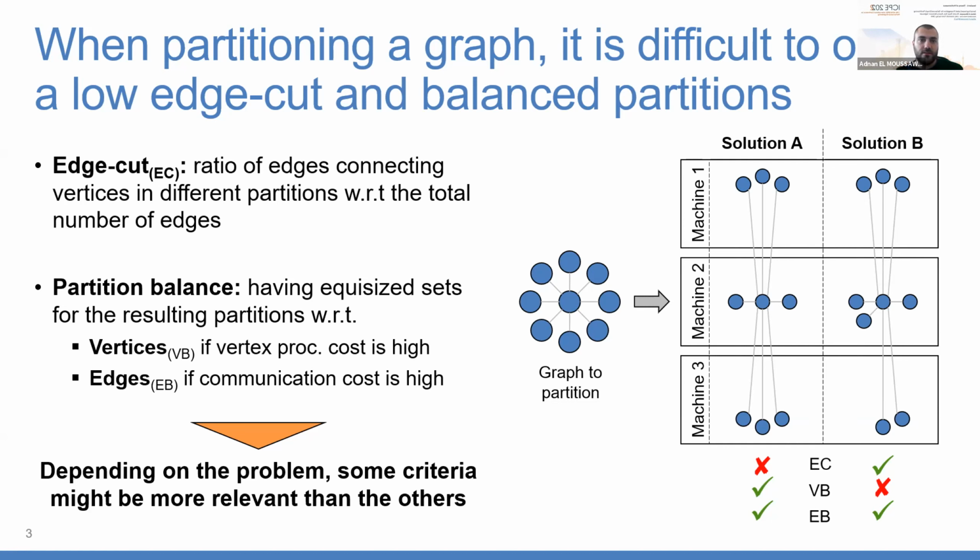We also need, in the context of graph partitioning, to optimize other criteria like the edge cut, which means the number of edges connecting the partitions of the graph. Because if we have a high edge cut, it will lead to a high interconnection and network exchange between the different machines, and so it will increase computational time. So in order to have a good partitioning algorithm, we have to take into account these different constraints.